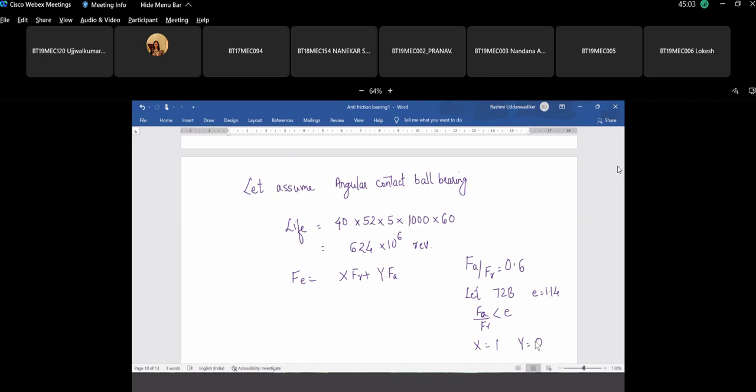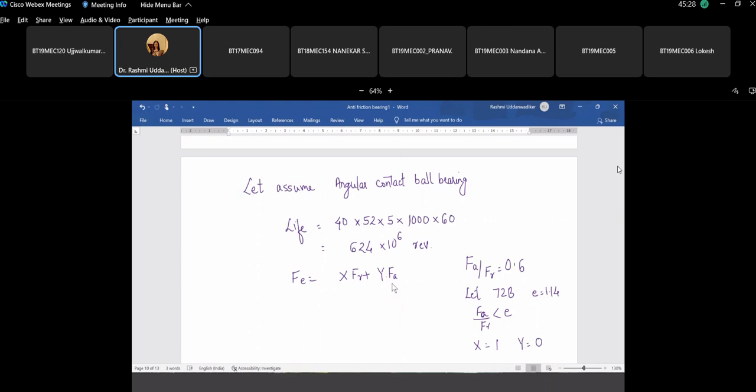Yes, so Y is 0. It means if we are using an angular contact bearing, the effect of axial load is negligible. Yes, so as if there is no axial component. So the total equivalent load is only the radial component. So that is the advantage of using an angular contact ball bearing. So you are neglecting the effect of axial component.